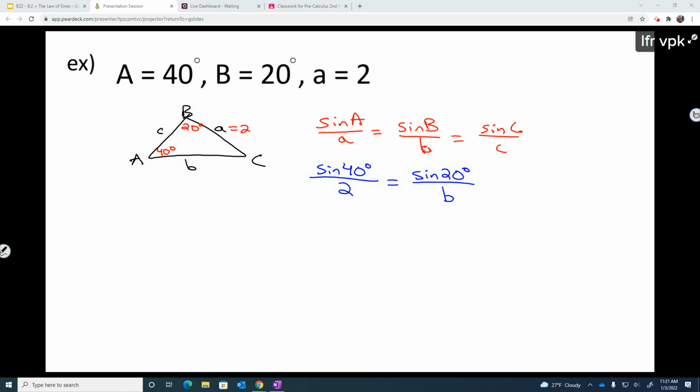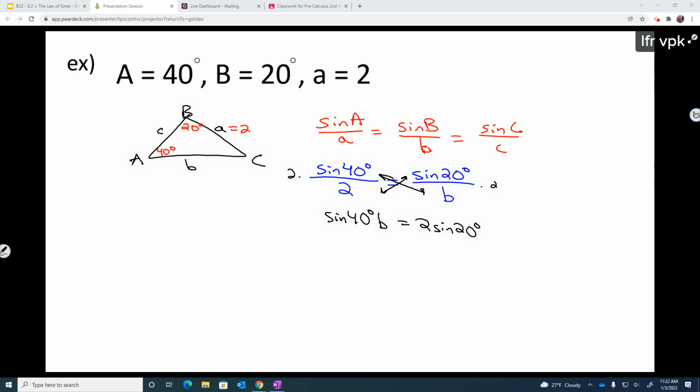Essentially, times by b, right? So if we do this times 2 and this times 2, and then this times b and this times b, it ends up just being cross multiplying. If you just do this times this, so sine of 40 times b, or sine of 40b, equals 2 times the sine of 20, which is 2 sine of 20. So we're going to cross multiply.